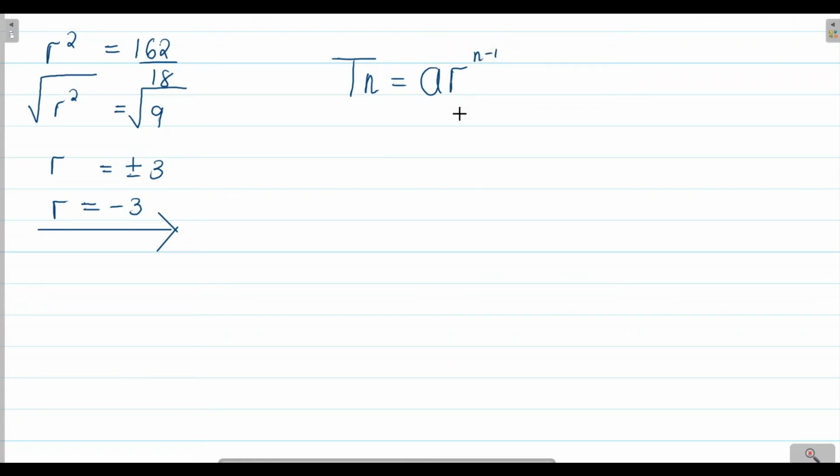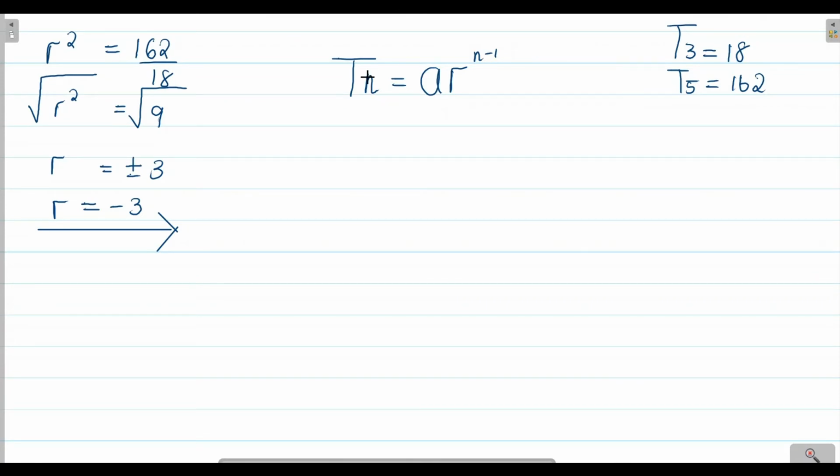We're already given either T3 or T5, so you can substitute either one. They told us that T3 is equal to 18, and that T5 is equal to 162.